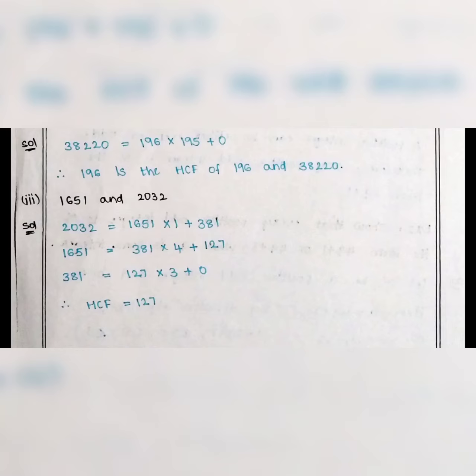If we check here, still the remainder is not 0. So for 381, we check 127 into 3 plus 0. Because here we got the remainder 0, 127 is the HCF.